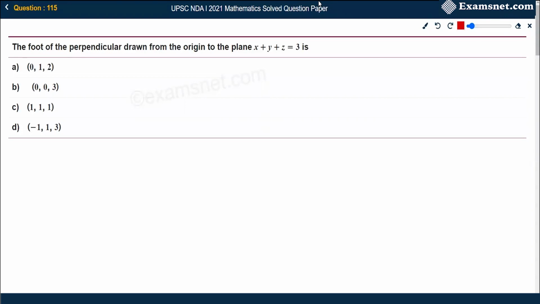In question number 115, it is given that the foot of the perpendicular drawn from the origin to the plane x plus y plus z equals 3.